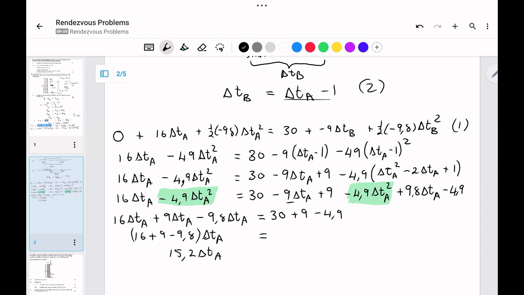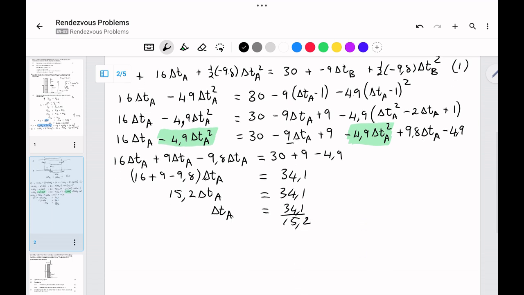I have 30 plus 9 minus 4.9, which is going to give me 34.1. And now, last step. The time delta TA is 34.1 divided by 15.2.